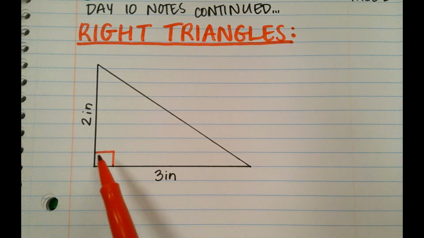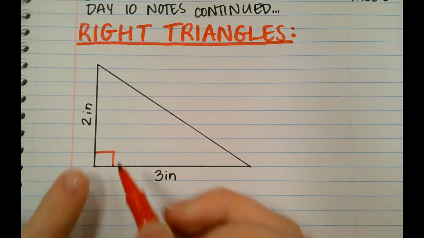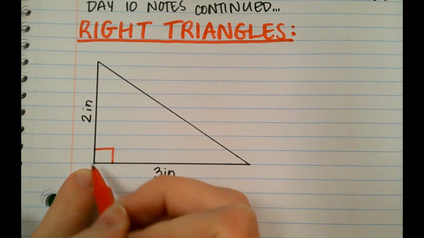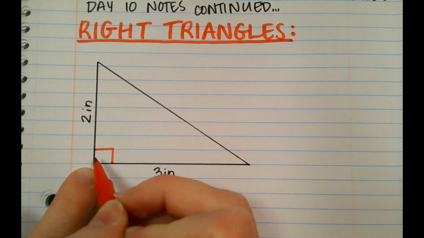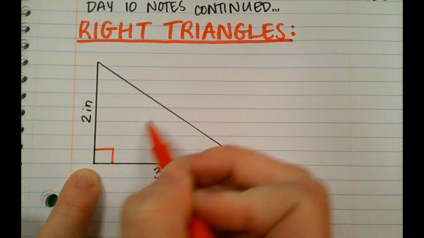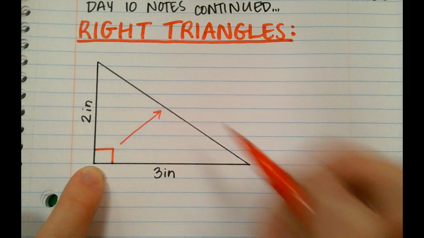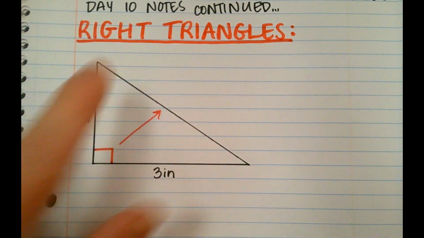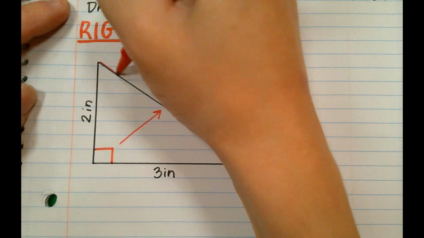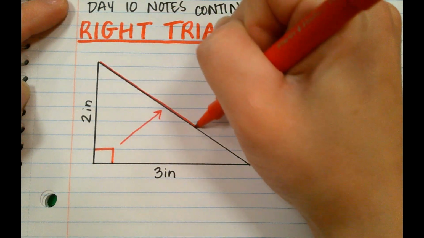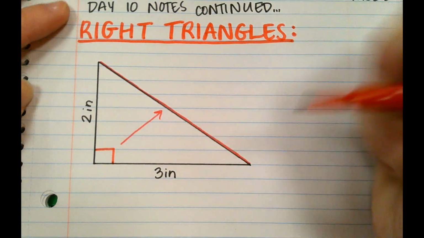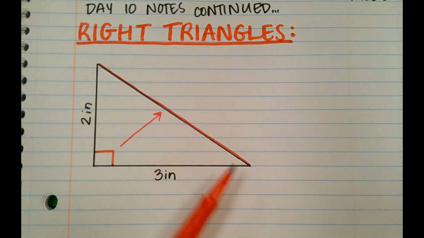I want us to make another note on our picture. Notice we have that 90-degree angle. Across from the 90-degree angle, we have a side length. I'm going to draw a little arrow pointing to the side length, and highlight that diagonal side here. This side has a special name with right triangles.